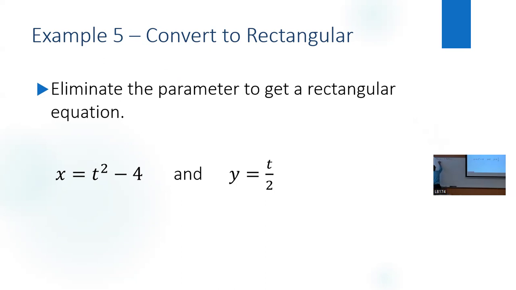And the parametric set of equations is x equals t squared minus 4, y equals t divided by 2. So what I'm going to do in that case is I'm going to pick an equation and solve it for t.